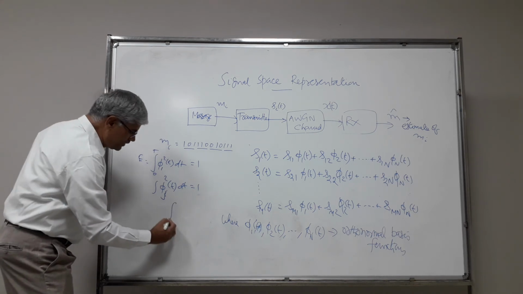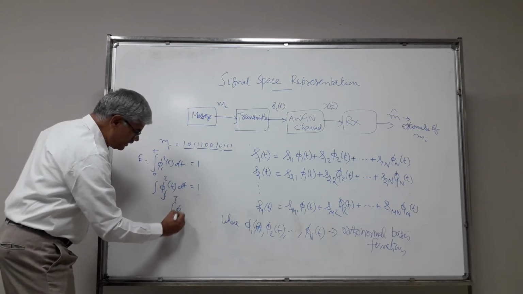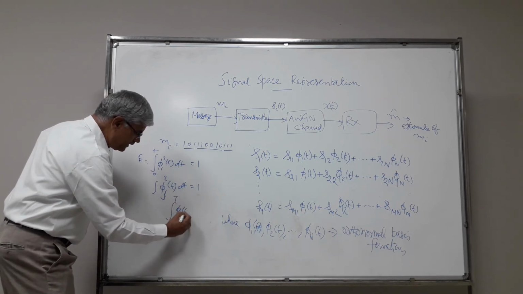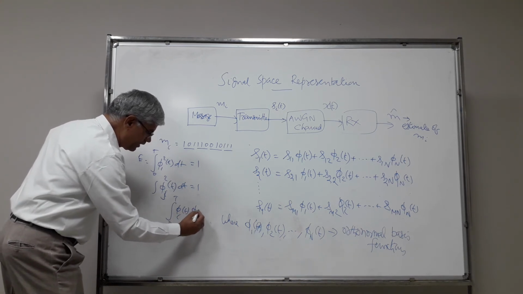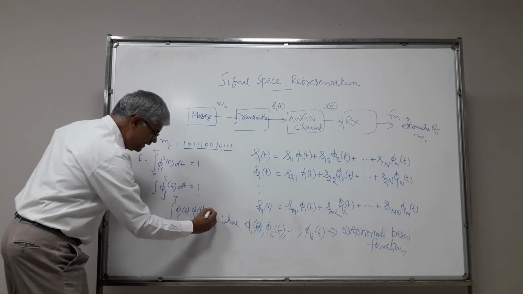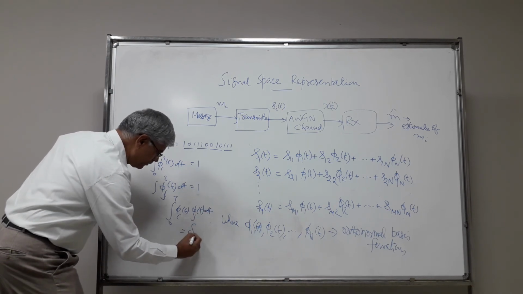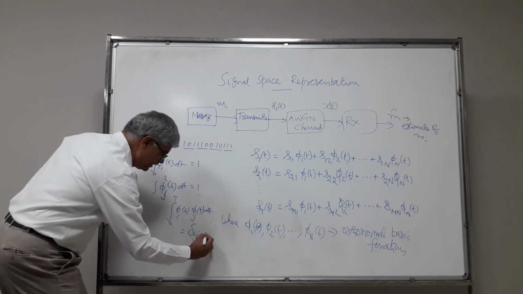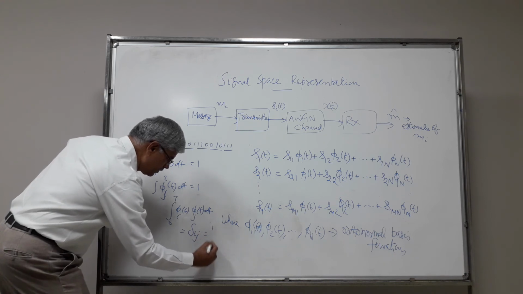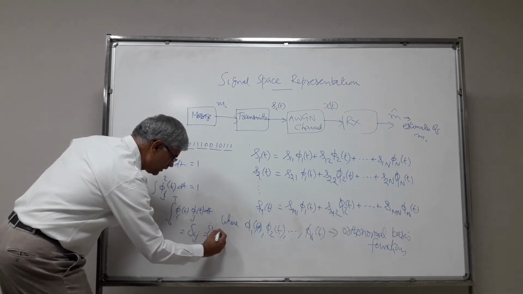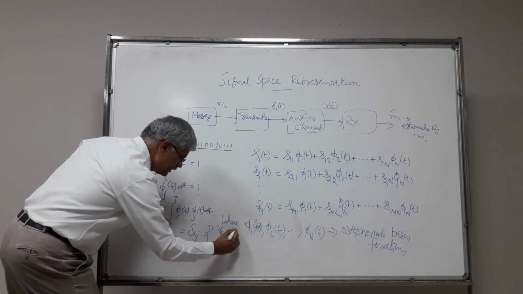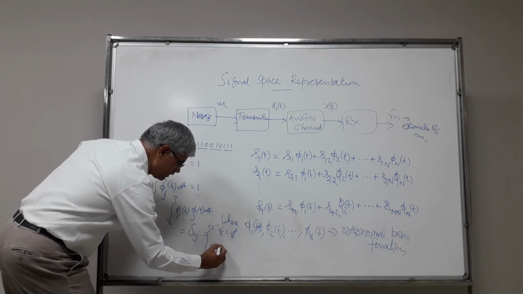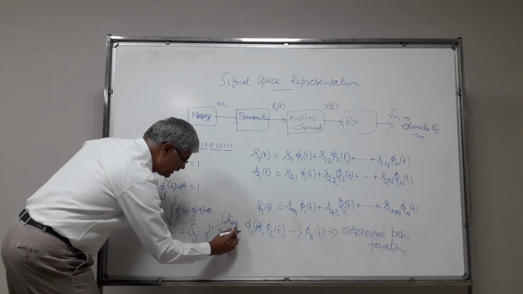And the integral of phi i times phi j of t dt is equal to, say, delta ij, which is 1 if i is equal to j, and 0 if i is not equal to j.